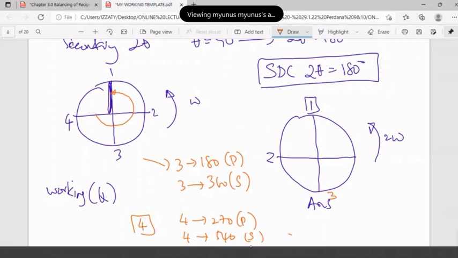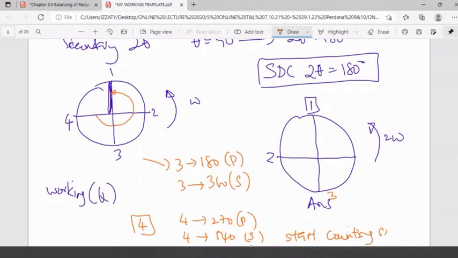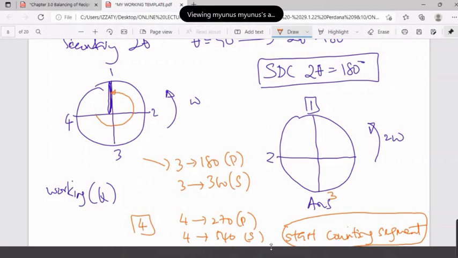So now we start. We start what? Counting segments. We start counting segments.